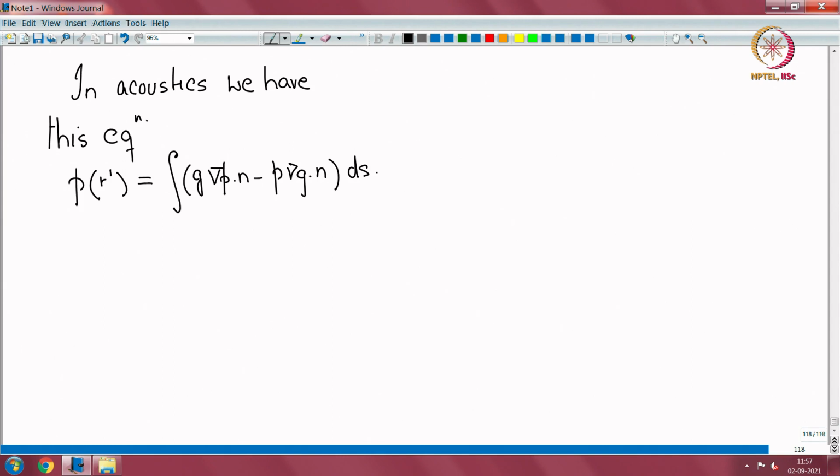Okay. It's called the Kirchhoff-Helmholtz integral equation, where G is a Green function.